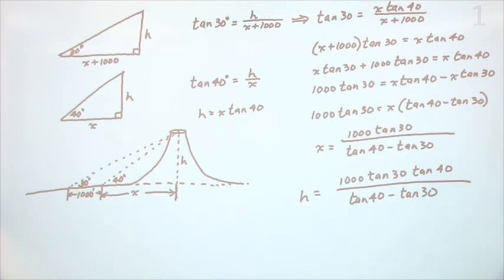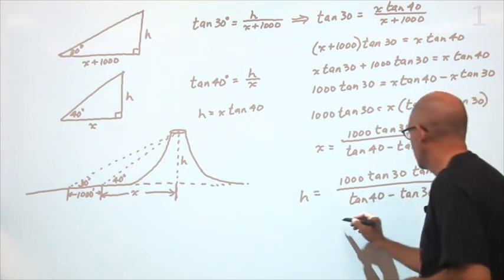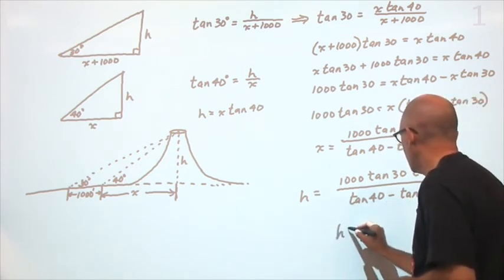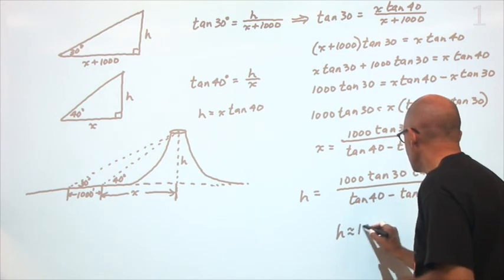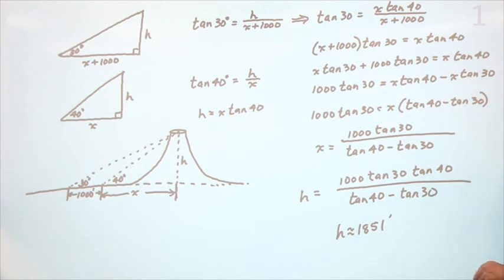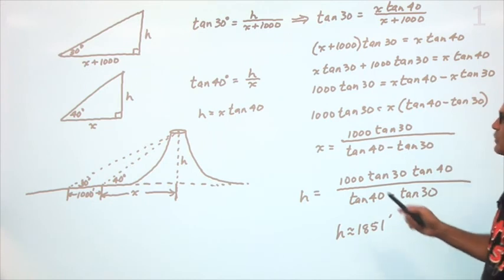So there I have h equals 1850.833. So h is approximately 1851 feet.